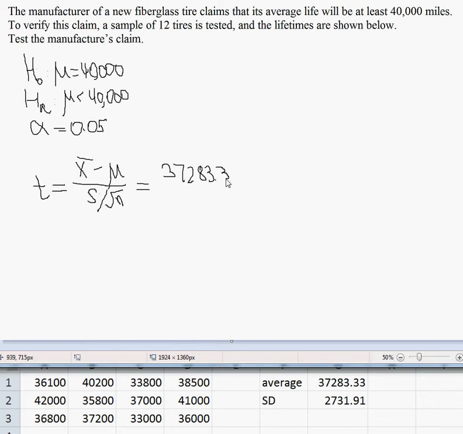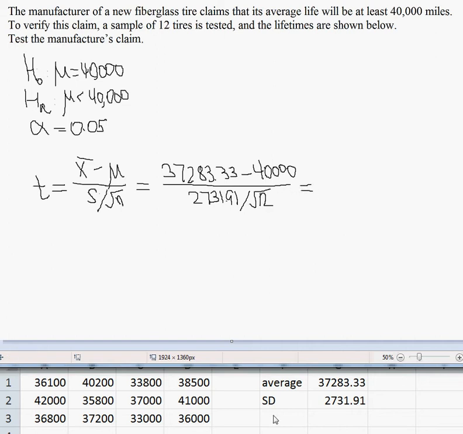So under the null hypothesis, this would be 37,283.33 minus the hypothesized mean of 40,000, divided by the value of s, 2731.91, divided by the square root of n, which is 12.